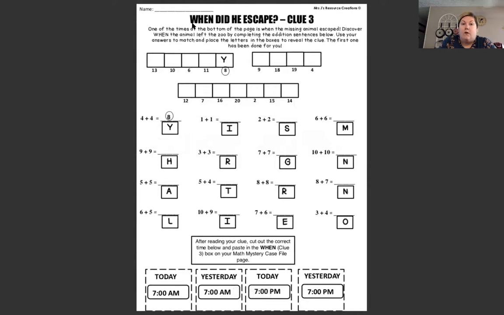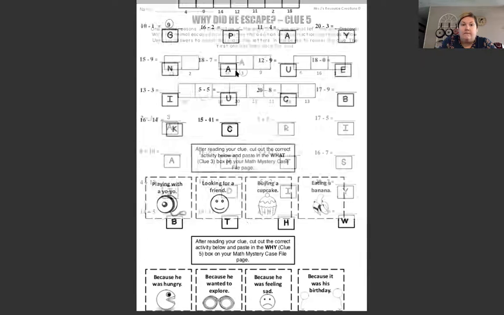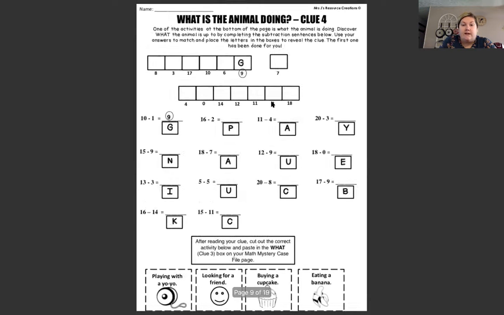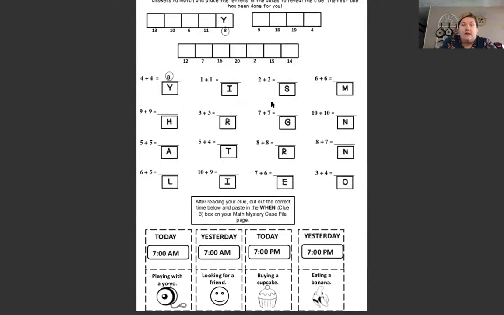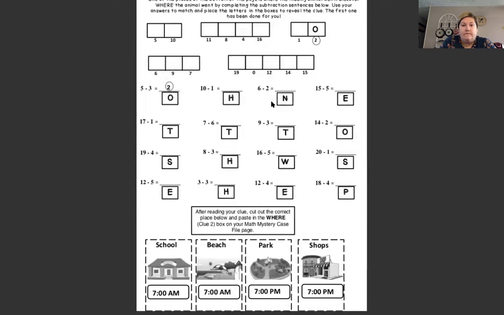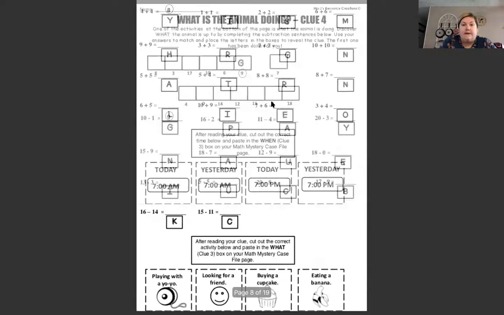Same thing for when, what he is doing, and why he escaped. Okay? So I'm going to go back so that you can see all of the pages. Okay? All right, I'm going to skip ahead.